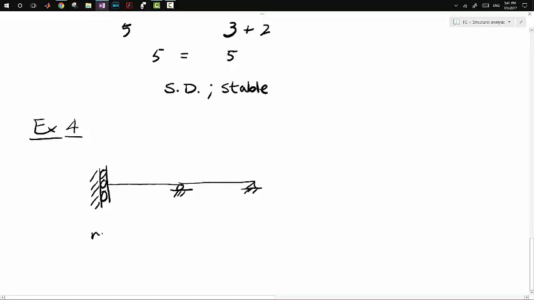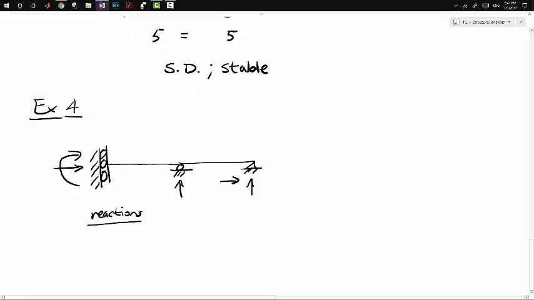So again, we'll count our reactions, which we have 1, which the fixed support can resist the horizontal force, and then it also has a moment, but it does not have any vertical reactions. This roller has a vertical reaction, this pin has a vertical and a horizontal. So we have 1, 2, 3, 4, 5 reactions.